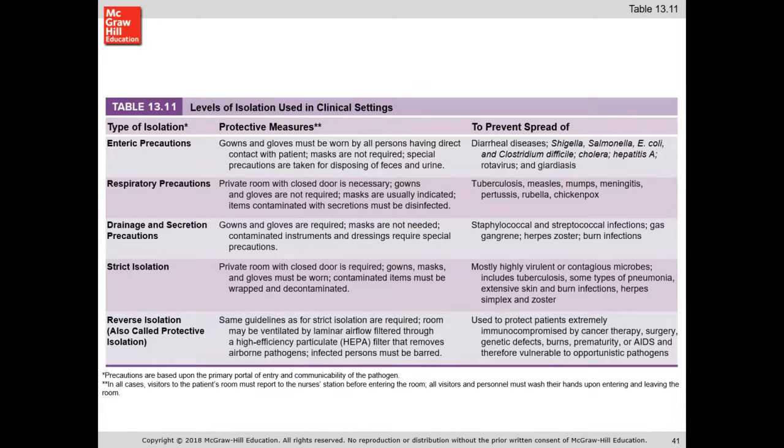If something is highly virulent, then a private room may be necessary. This is, again, very COVID specific here, but this could be something where you have a burn victim and you want to protect them from everything.